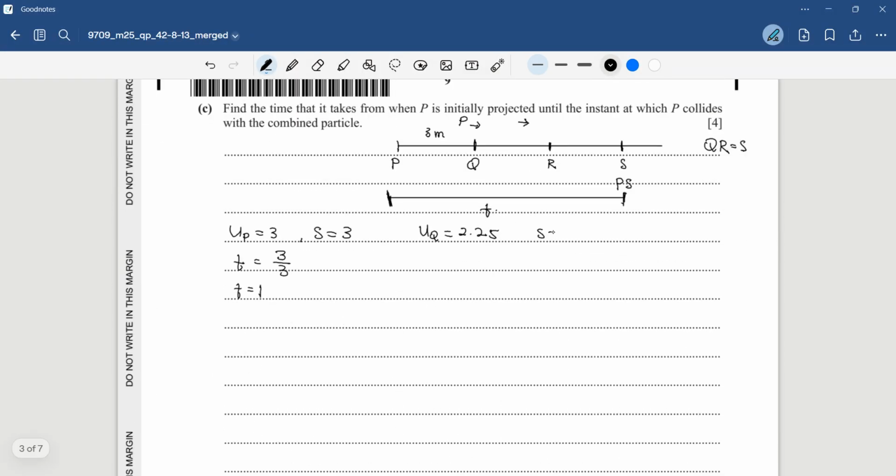And the distance they travel is also 3 for Q. So the time is going to be 3 divided by 2.25, because time is equivalent to distance over speed. Therefore T is equivalent to 4 over 3.